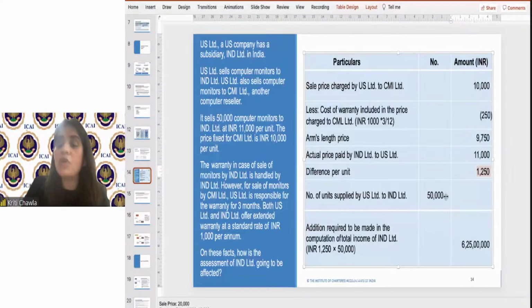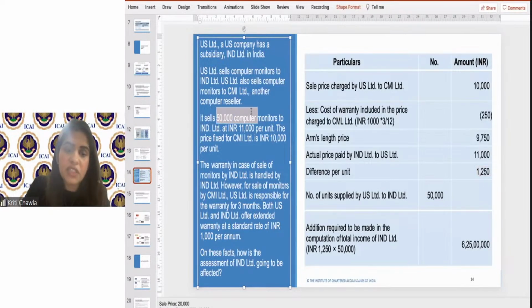But you'll have to find out the amount for the entire transaction. So 1,250 multiplied by 50,000 computer monitors is going to be 6 crore 25 lakh. That will be the addition that will actually be required.